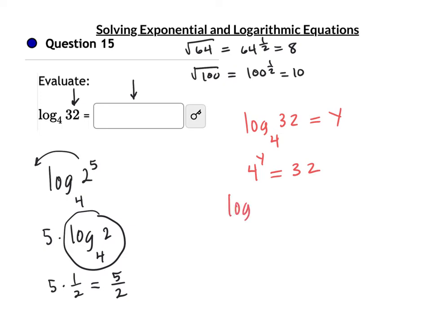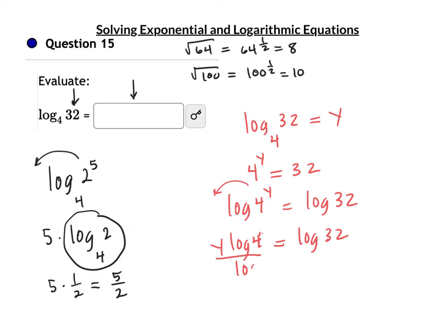The log of 4 to the y, and I can bring that y down now, is the log of 32. Y times the log of 4 equals the log of 32. And we'll just divide both sides by the log of 4. And this should end up being 2.5, which is 5/2 as a fraction.